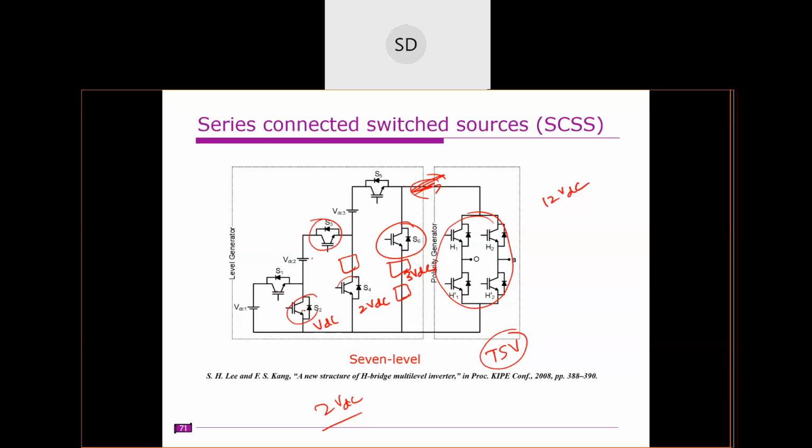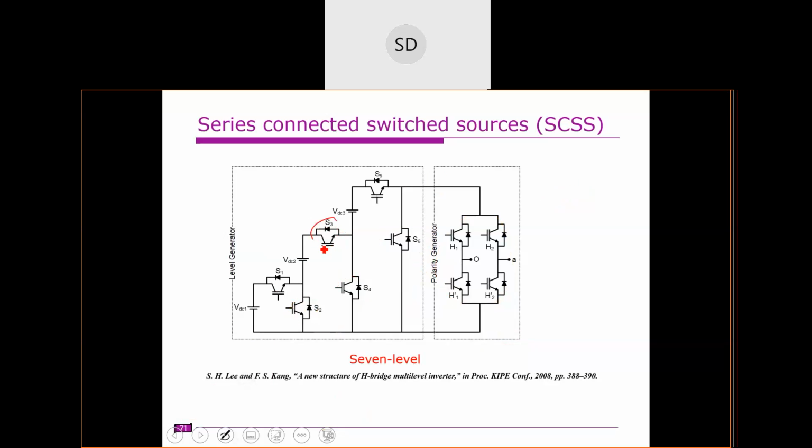VDC1. So what is the blocking voltage for that particular switch? Yes, sir. VDC1 plus VDC2.